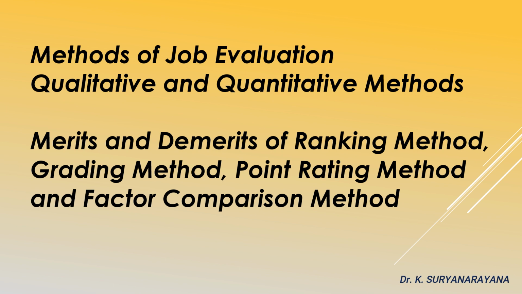The following procedure is used for point rating method: selecting the jobs to be evaluated, choosing the factors, defining the factors, determining the degree of each factor, determining the value of job factors, assigning point values to degrees, determining the point value of the job, assigning the money value to each job.